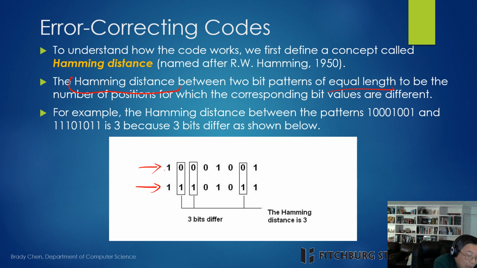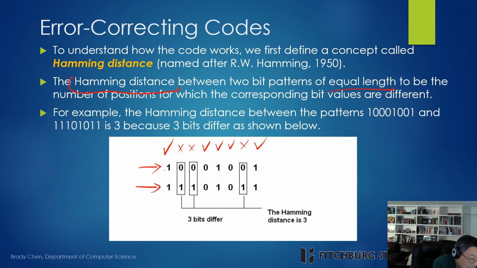So then we compare the corresponding bits. For the leftmost bits, they're the same. Now they're different. They're the same, same, same, different, same. Now the Hamming distance is defined to be the number of positions for which corresponding bit values are different.